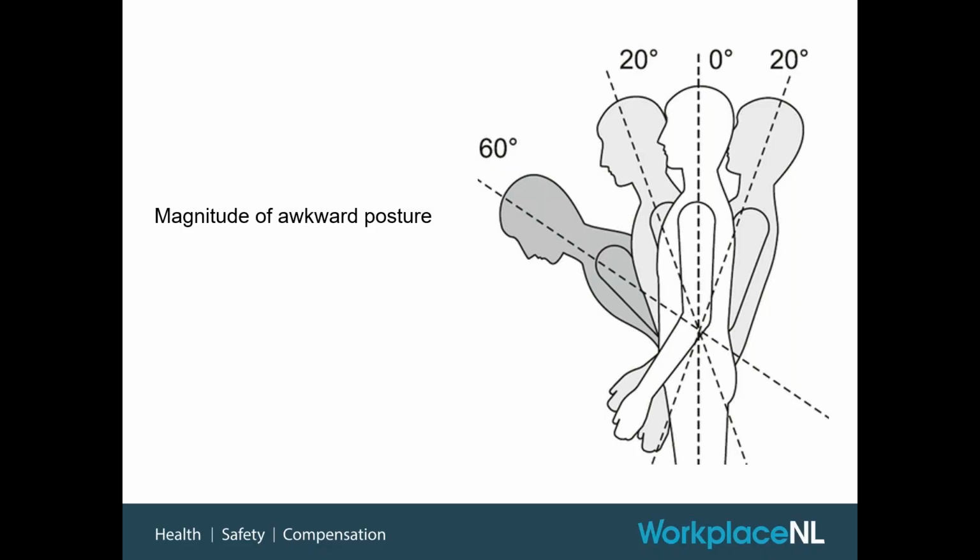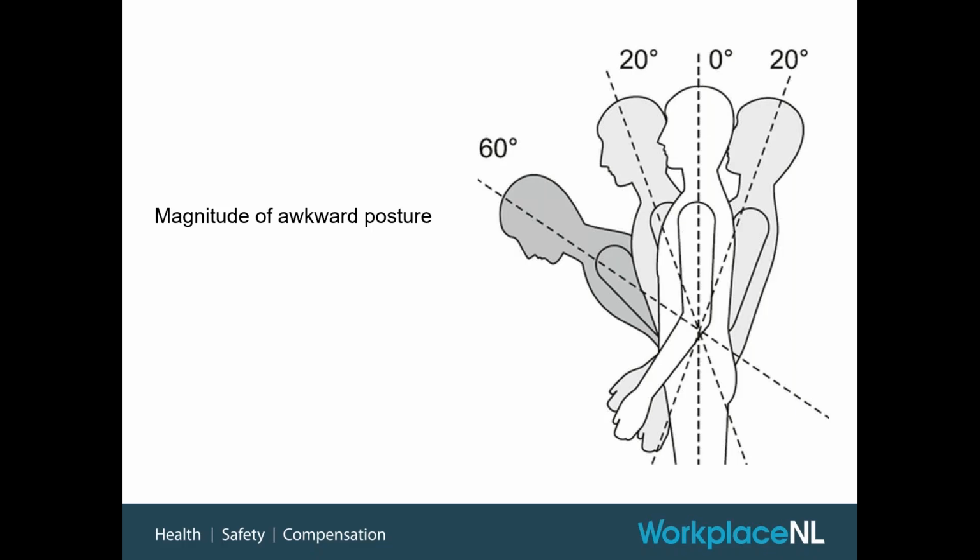There's no bending of the back. Somebody being bent at 20 degrees forward to do their work, that's awkward, but it's not as awkward as being bent forward 60 degrees. And there's a higher level of risk if someone is bent forward 60 degrees versus 20 degrees. So we're considering the magnitude of the awkwardness, or the magnitude of the different risk factors.